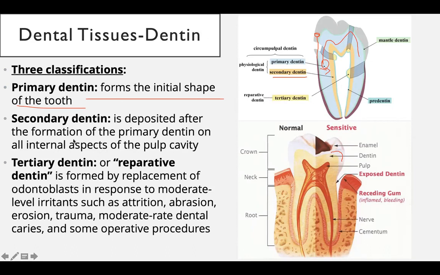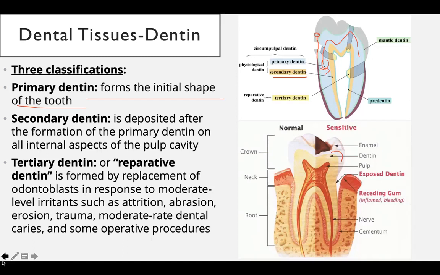Okay, so tertiary dentin or reparative dentin is formed by the replacement of odontoblasts in response to moderate level irritants such as attrition, abrasion, erosion, trauma, moderate rate dental caries, and some operative procedures.